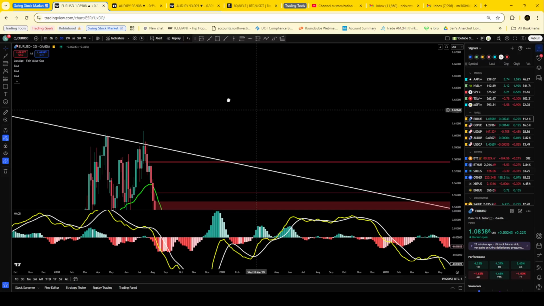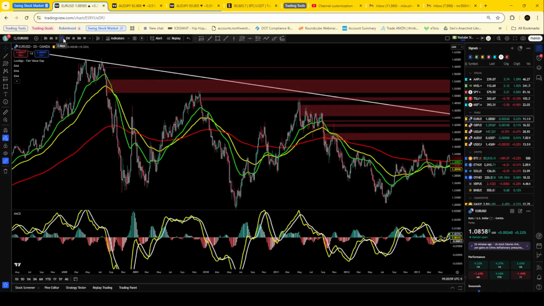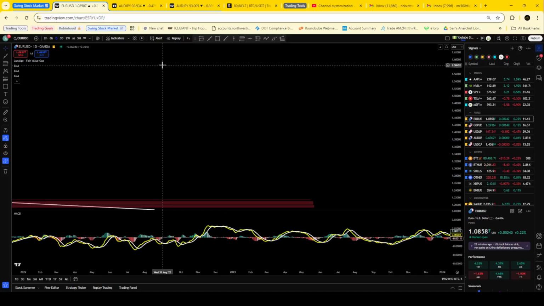So I didn't say this earlier, but I typically start off on the 3 day. So I do my major trend lines on the 3 day. Then I go down to the daily and use my actual trend lines for entry.